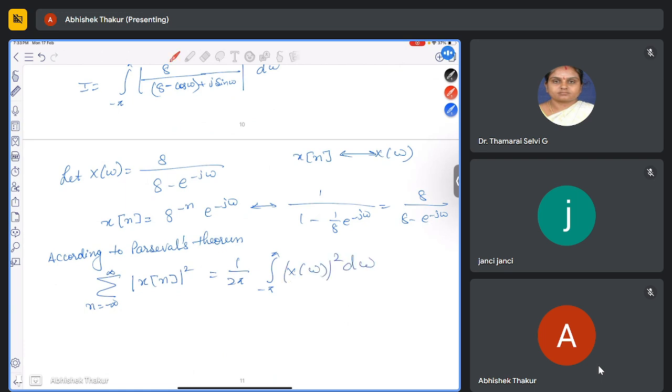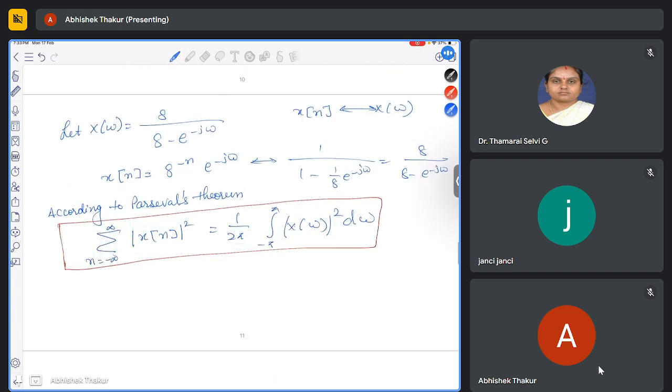So this is the equation for Parseval's theorem. So now we will use this. So we will get the integral from minus pi to pi of x of omega mod square d omega is equal to 2 pi summation of xn square. Okay.